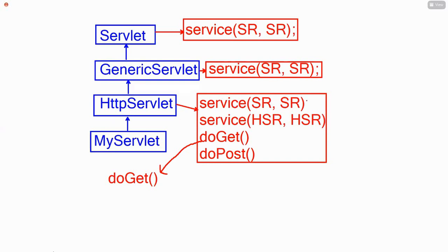To call the non-lifecycle service. I just gave that, no? So it calls this one. What will this do? It checks the request type. Now suppose the request type is get. Then what will it do? doGet. Which doGet is called? HttpServlet's doGet or my servlet's doGet?